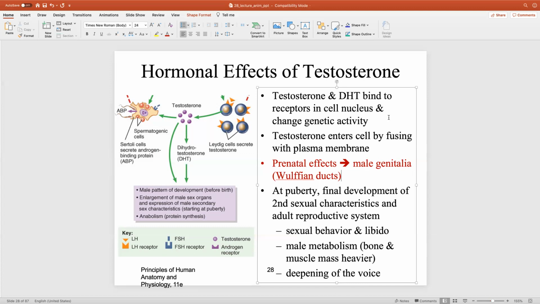And it's all due to the release of testosterone. Now, there are other hormones we'll talk about later that get released that help the female Müllerian ducts to die off, right? But it's the release of testosterone that causes the male ducts to grow and to then be seen later on.